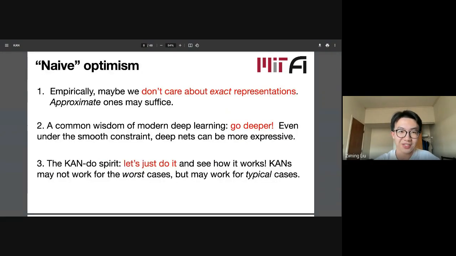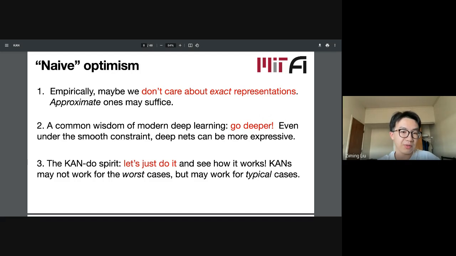That's their argument. Although this argument is mathematically sound, I'm personally trained as a physicist, so I'm more naively optimistic. Firstly, empirically, maybe we do not care about exact representations. Maybe if we just find approximate representations, that might suffice. Secondly, a common wisdom of modern deep learning is to just go deeper. Even under smooth constraints, deep neural nets may be more expressive and might be enough.